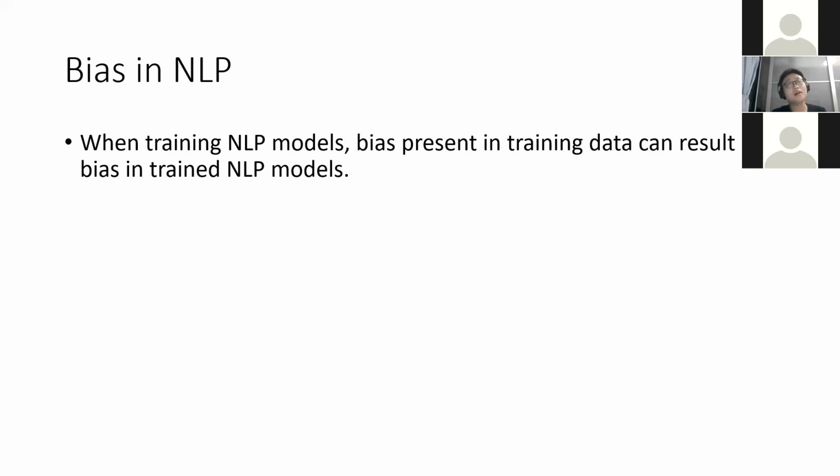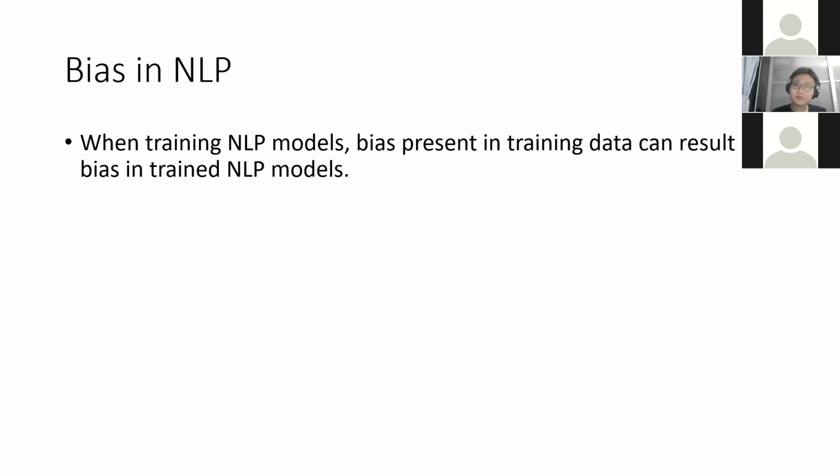We can be collecting it from volunteers or gig workers who are contributing their conversations and whatnot to research projects. There'll definitely be some biases, as human beings. So when you use this biased data to train, biases that exist in society can be reflected in trained NLP models.